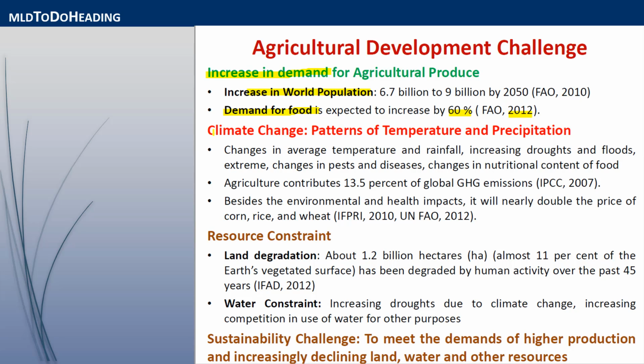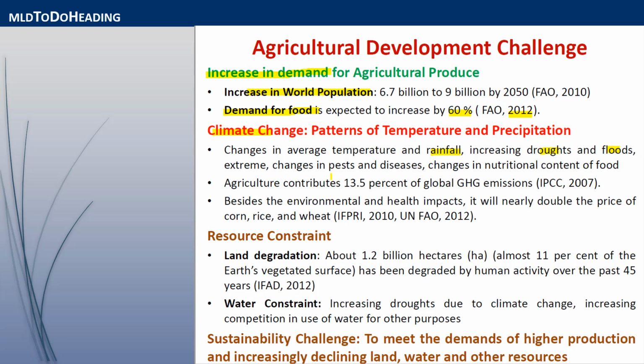And this is the climate change concept also discussed earlier. There are certain regions where there is heavy rainfall, or certain regions where rainfall is not adequate, and this raises issues like floods and drought.